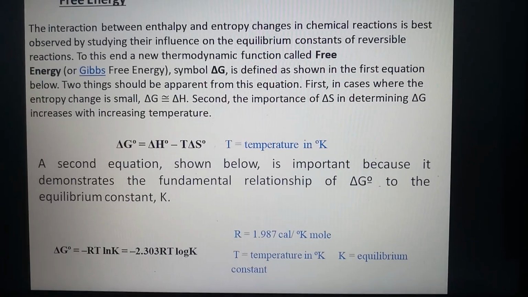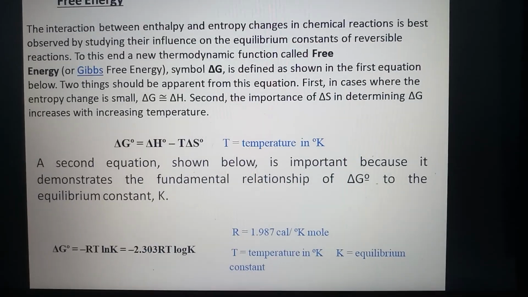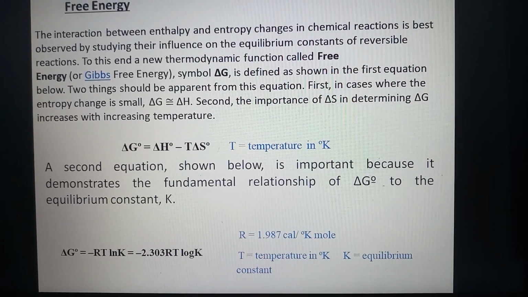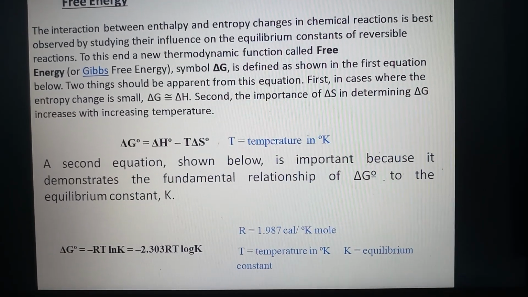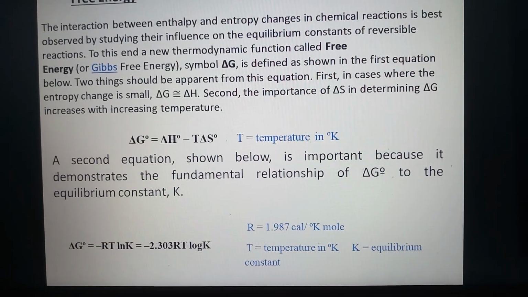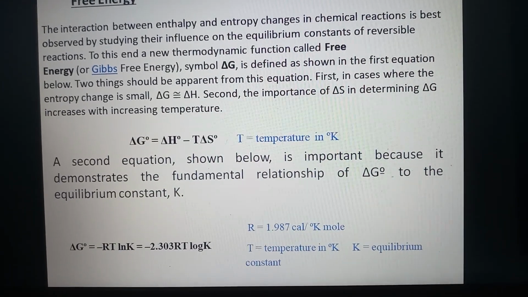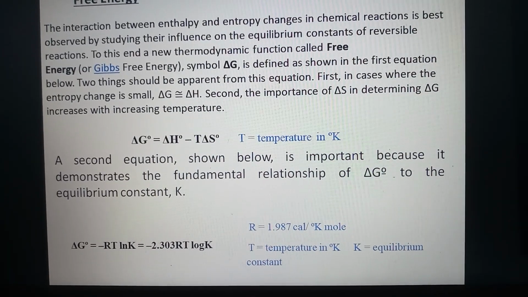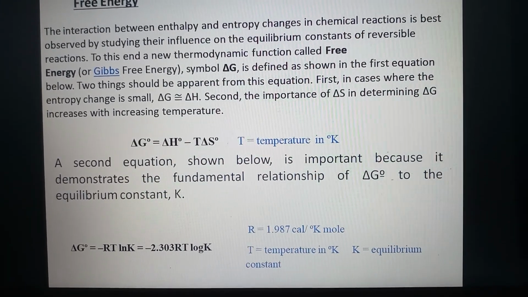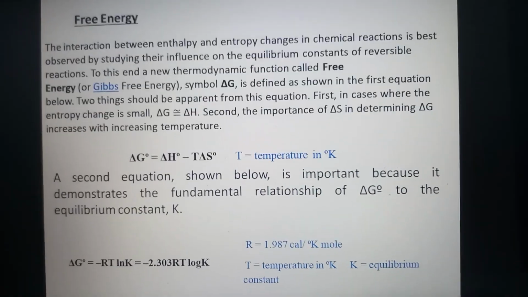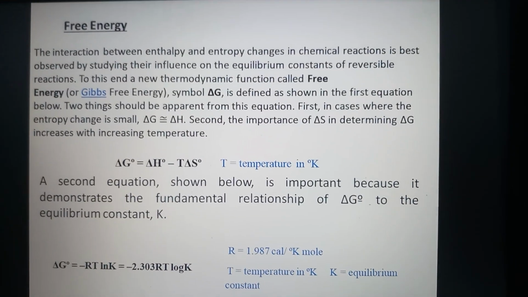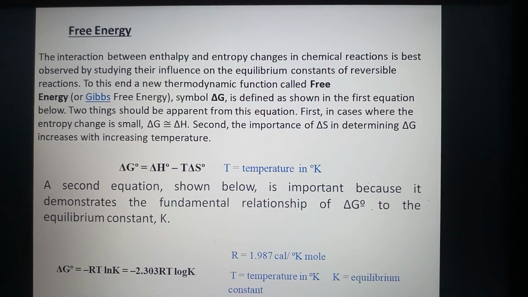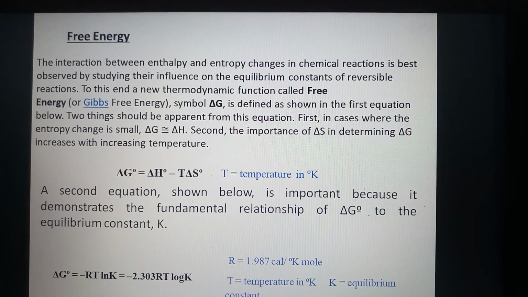A second equation shown below is important because it demonstrates the fundamental relationship of delta G0 to the equilibrium constant K. That is, delta G0 is equal to minus RT ln K or is equal to minus 2.303 RT log K. Now, the free energy function provides improved insight into the thermodynamic driving forces that influence reactions.